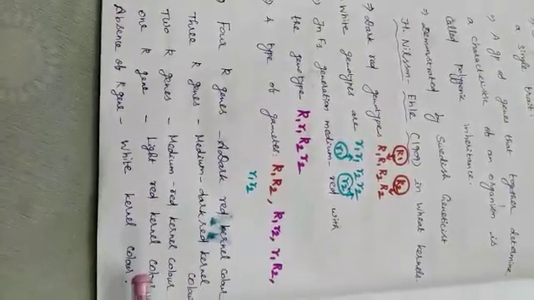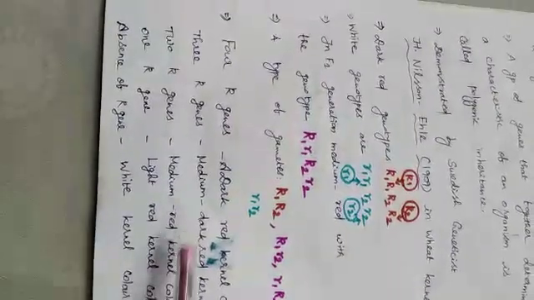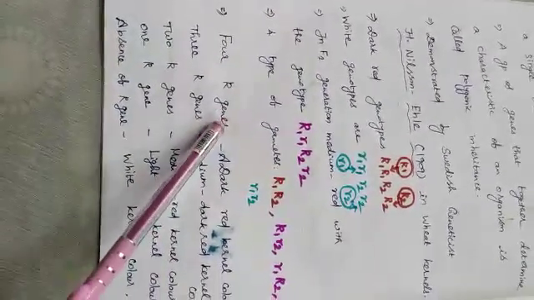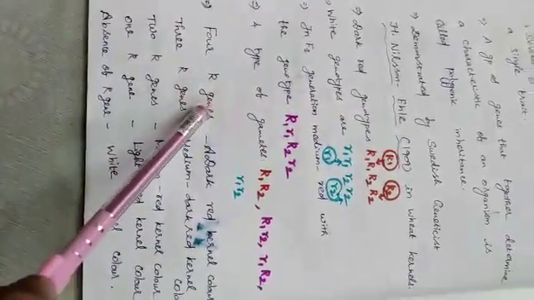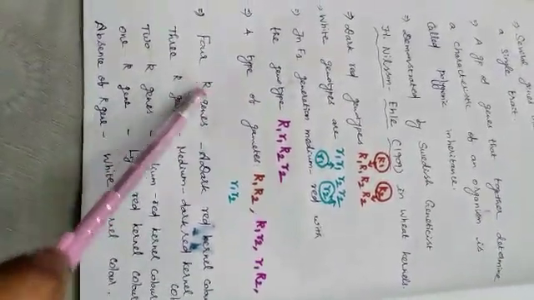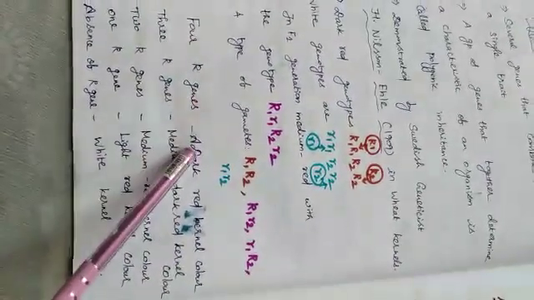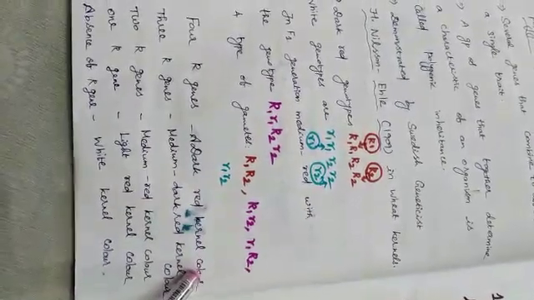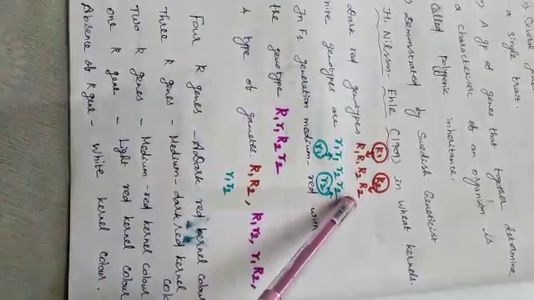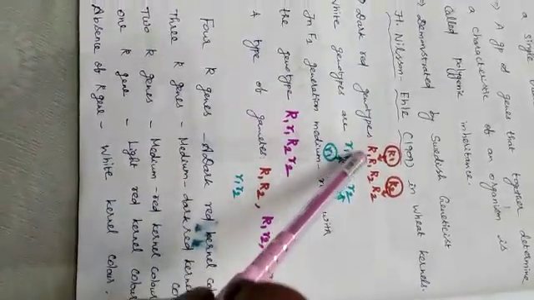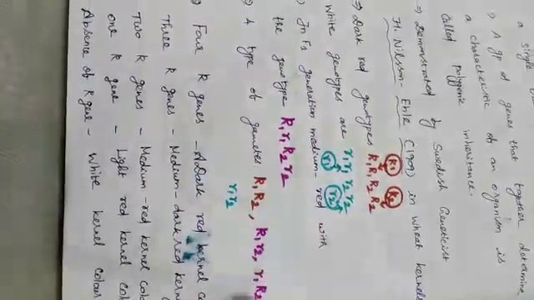The intensity of red color is determined by the number of R alleles present. Suppose four capital R alleles are present in the F2 generation, then a dark red kernel color is present, like the parental. So four R alleles present means the pure dark red kernel color.